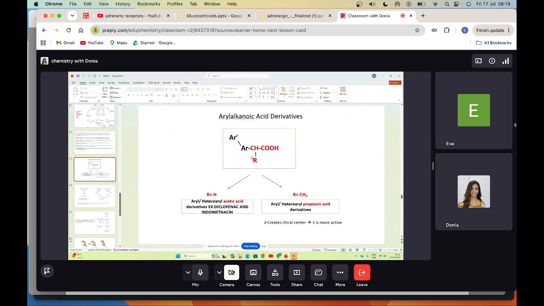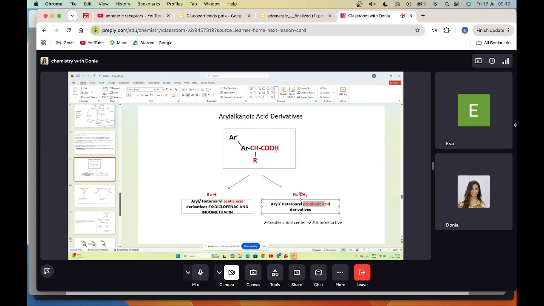Having three carbons, they call it propionic acid. That's why they call it aryl propionic acid derivatives. Acetic acid is when there is only the one carbon spacer; if we have CH2COOH, it's going to be aryl acetic acid. Is it clear till now?